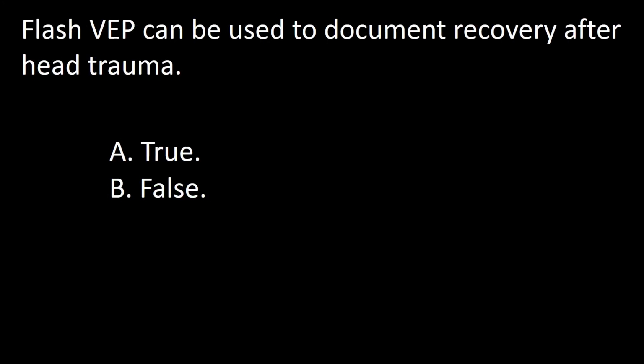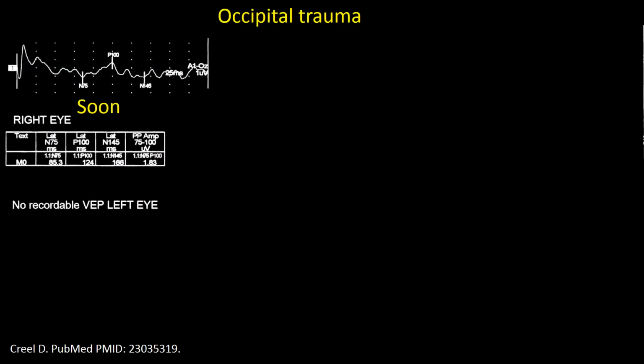Next question. Flash VEP can be used to document recovery after head trauma. A true, B false. The flash VEP that I am showing you, and those that I will show you in a few seconds, all belong to a patient with occipital head trauma. The VEP that you're actually looking at was done soon after the occipital trauma.